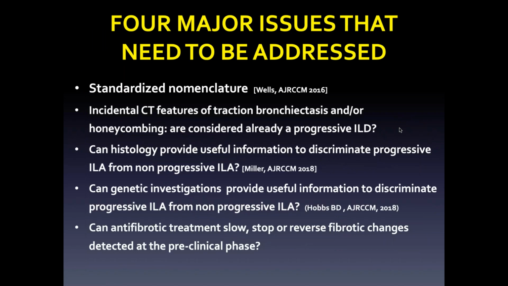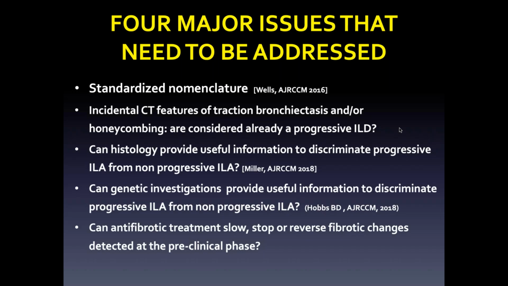Standardized nomenclature is not yet so clear. Regarding the nomenclature for interstitial lung abnormalities, are incidental CT features of traction bronchiectasis and/or honeycombing already considered a progressive ILD or not? I think we have good data showing that this subset of subjects are already affected by a progressive ILD leading to IPF.